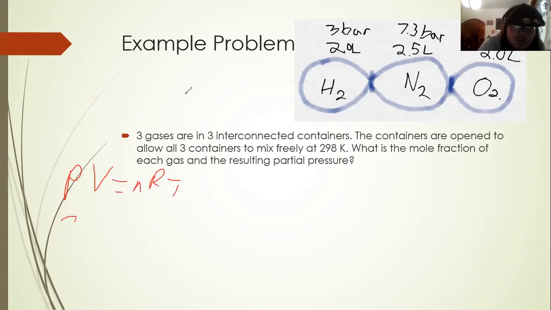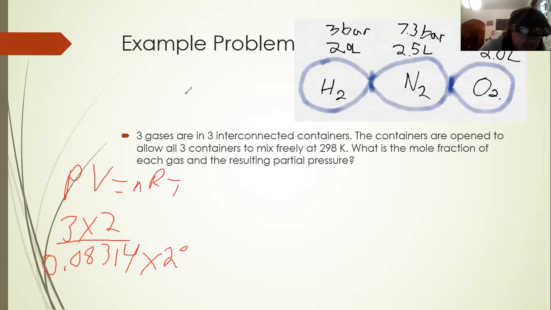So 3 times 2 over, since it's bar liters, 0.08314 times 298. So let's record the moles of each gas.